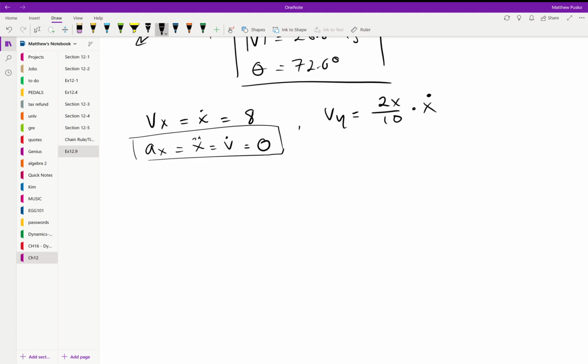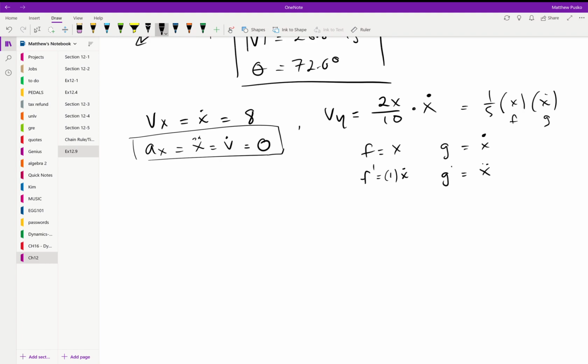I'm going to call f the x and g the x dot, and we'll pull the 1/5 out. So there's your f and there's your g. Take the derivative of f, x, I get 1 times x dot. If I take the derivative of g, or x dot, I get just x double dot.